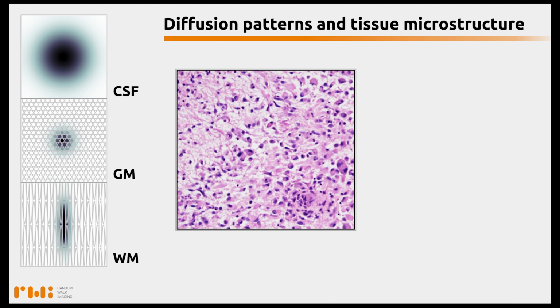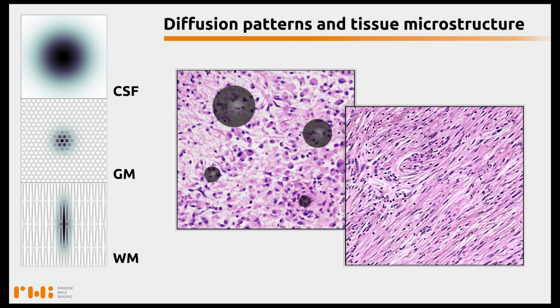So if I try to match diffusion patterns on top of this image, I would get something like this, where you have small diffusion patterns in areas of very high cell density and big diffusion patterns in areas of low cell density. In this cellular profile of a meningioma, you see that instead the cells tend to be more elongated, and then the diffusion profiles would have certain anisotropies that would match those.